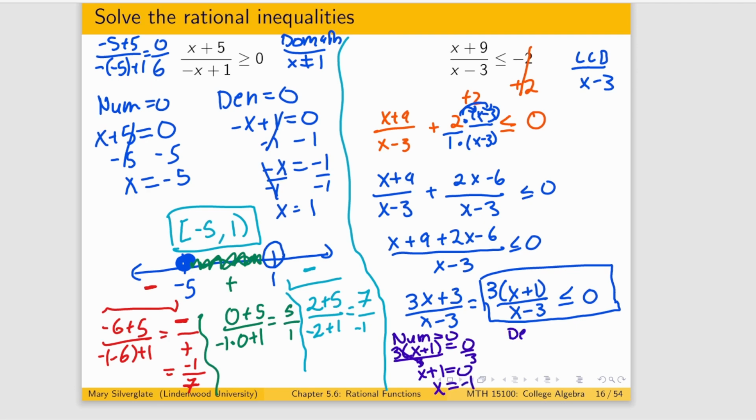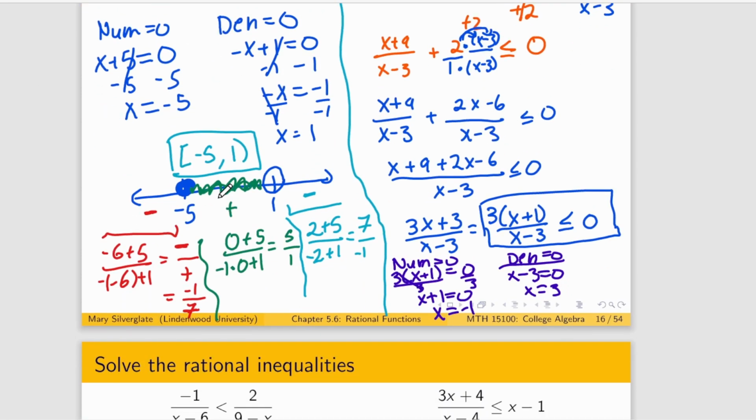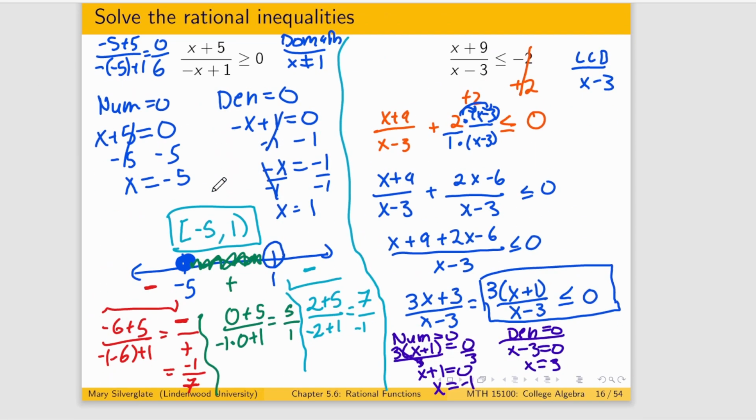And then for my denominator equals 0, I want to do x minus 3 equals 0, so x would be 3. Those would be my 2 points that go on the number line. Just because of the way that I have written this out, I'm actually going to put my number line on the top here. So I've got 2 points on that, negative 1 and 3.